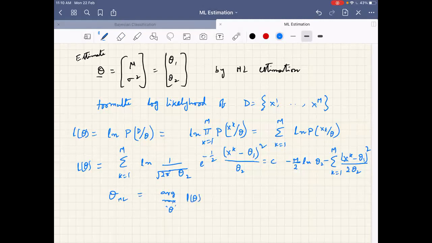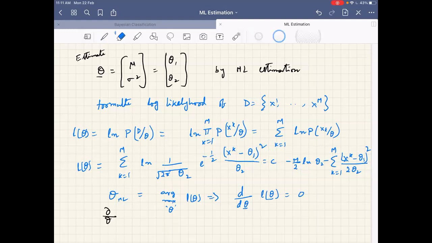This is what I want to do. So how do I do this? d by d theta of L of theta equal to 0. Now, this theta is a vector, please note that. Yes or no? So what is the definition of this d by d theta? Can one of you bring the definition? Dou by dou theta 1.